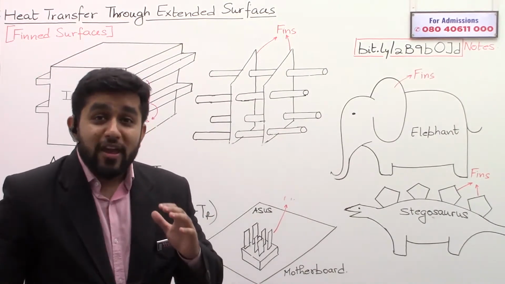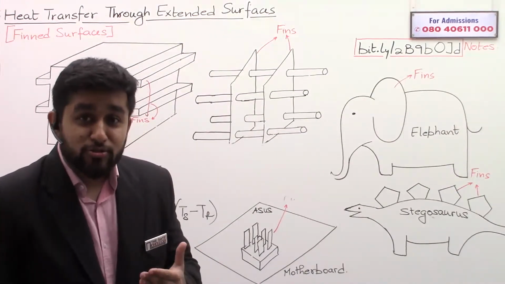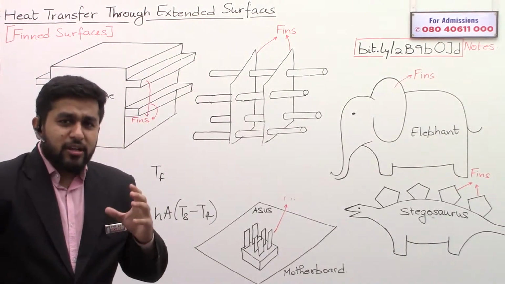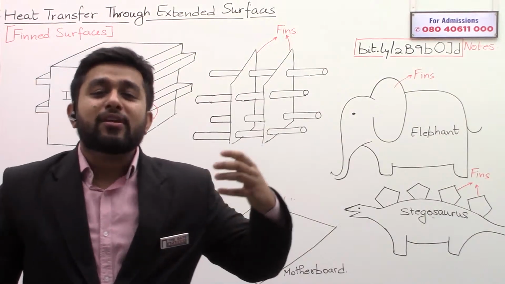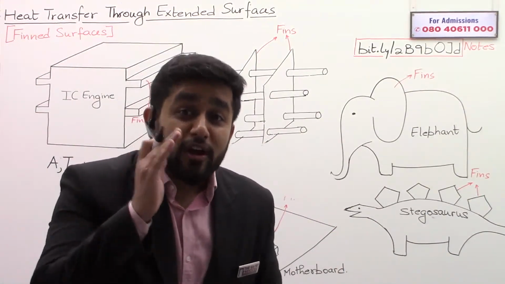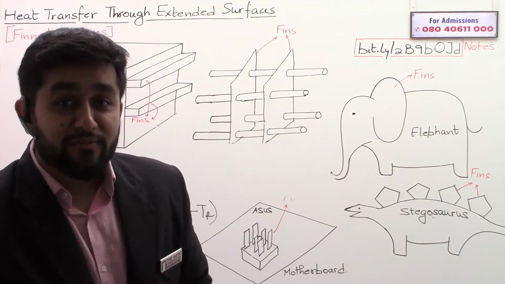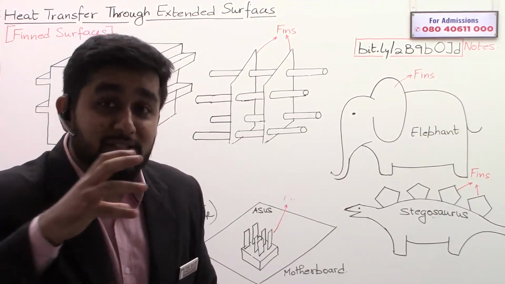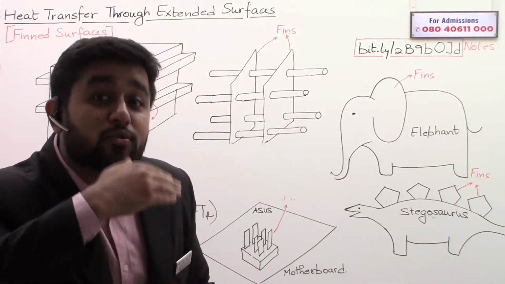Similarly, we can increase h also to increase the rate of heat convection. For free convection, h is comparatively less. So what you do is install a fan and convert free convection into forced convection. The fan will give some velocity to the air. When the air starts moving, things get cooled down fast.